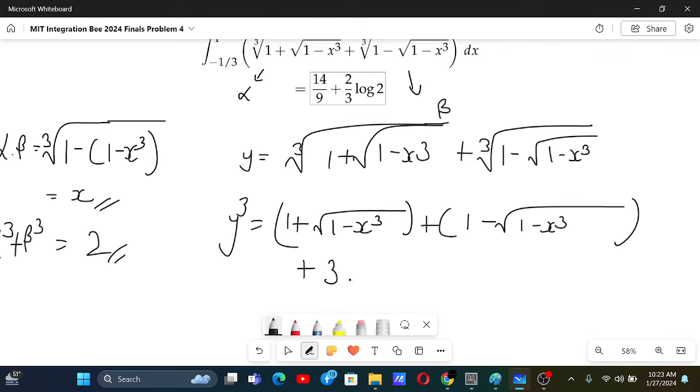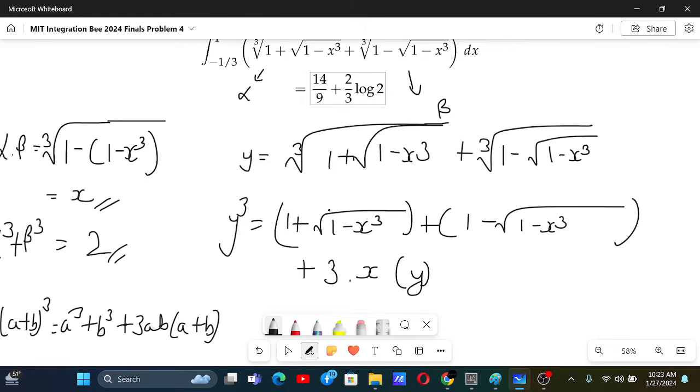Basically, I have used the formula (a plus b) whole cube equals a cube plus b cube plus 3ab(a plus b). Over here a is alpha, b is beta. So in place of alpha plus beta, I wrote y itself, because that was the assumption.